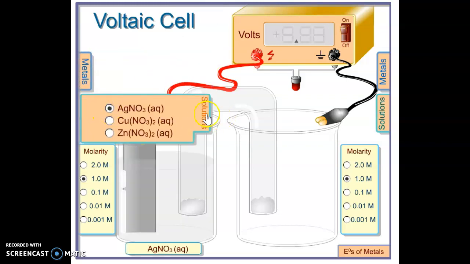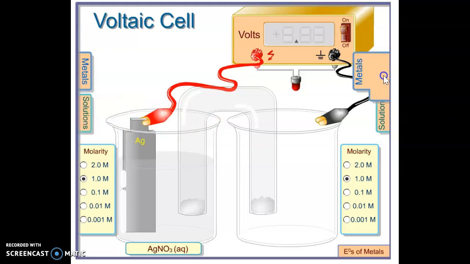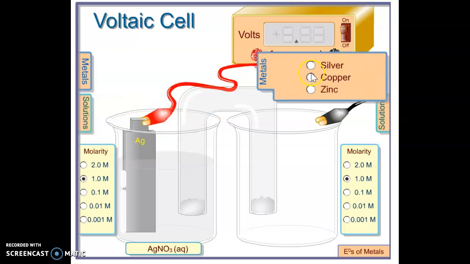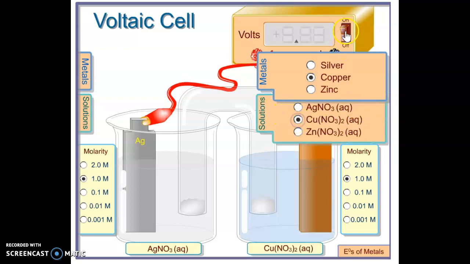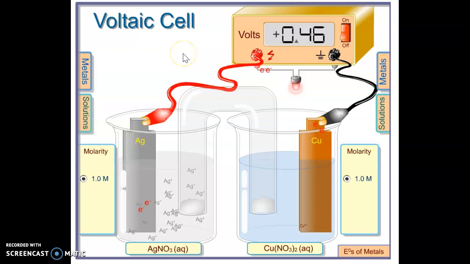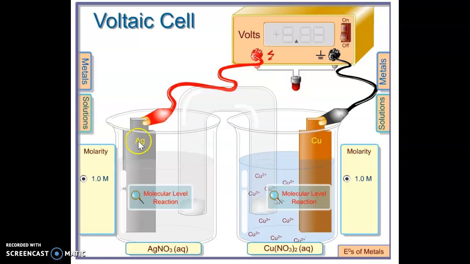Hopefully you stopped and thought about what you would predict. So I put silver on one side, putting copper on the other side, turning it on. All right, I want you to write down that voltage. Make sure you write if it's plus or minus, which direction our electrons are moving. And then if the silver or the copper is the anode, or if the silver or the copper is our cathode.